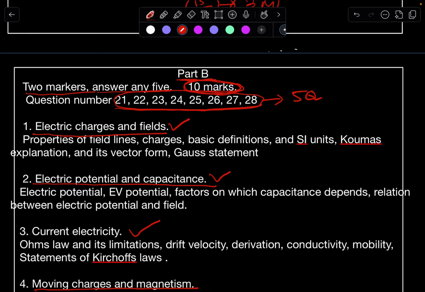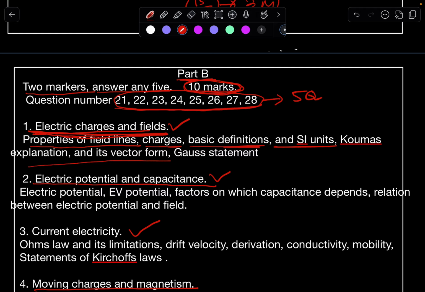So what are the easiest chapters to get 10 out of 10 marks? Again you can choose the first chapter, electric charges and fields, because of properties of field lines and properties of charges, basic definitions and units.